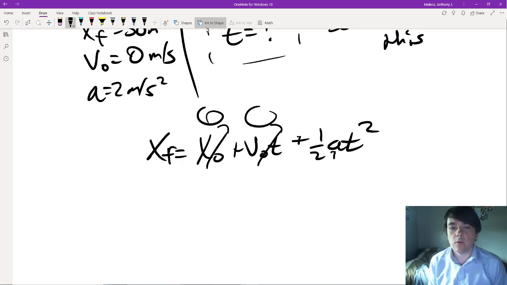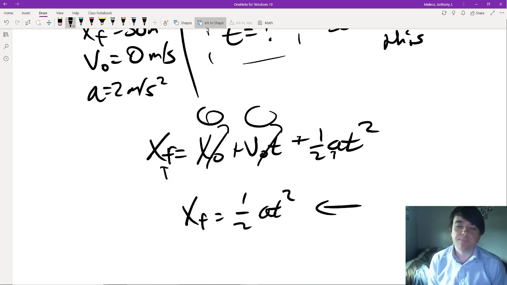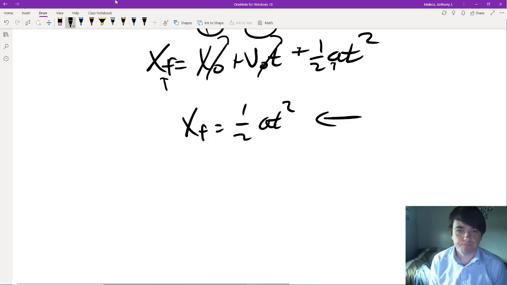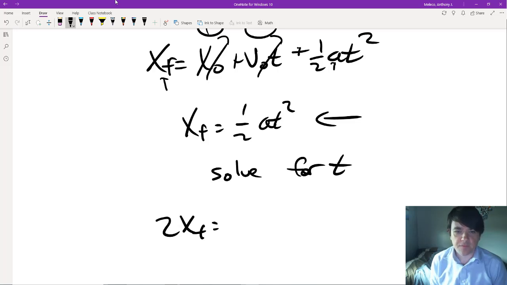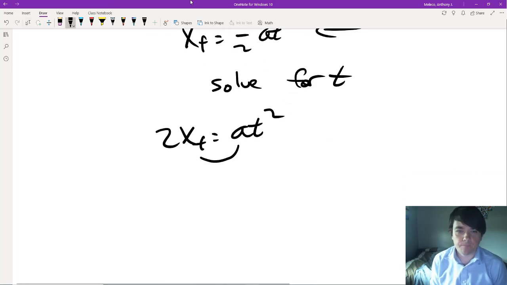We know a, we know x. Yeah, we can use this guy. Cool. Let's use this and solve for t. Multiply over the 2. 2 times x final equals a t squared. We need to divide by a.